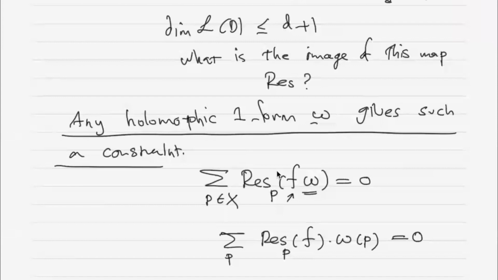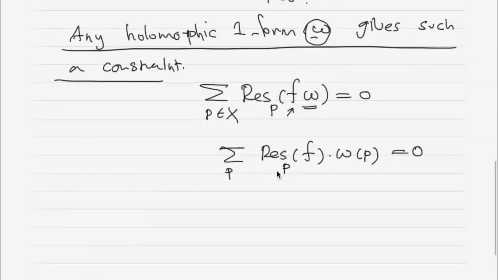Each holomorphic one form gives you a linear equation on the space where the image of this map res lies. Since we know that there are g of these omegas that are independent, we get g independent equations. Therefore, each of them will reduce the dimension by at most one. And therefore, we have L(D) is bigger than or equal to 1 + D − g.